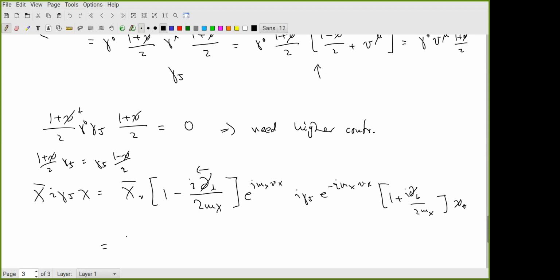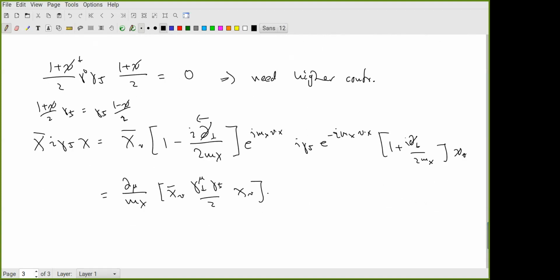And you can write this as, you just evaluate these derivatives, and then this term looks like d mu acting on chi bar v gamma mu perp gamma 5 over 2 chi v plus higher terms. And this expression in brackets you can show, and that's a tedious calculation, so I don't want to show it here, but it's an exercise if you want, or you can look up the solution.